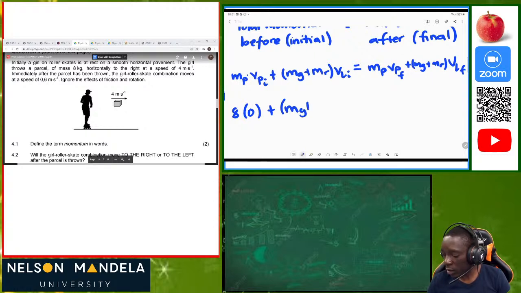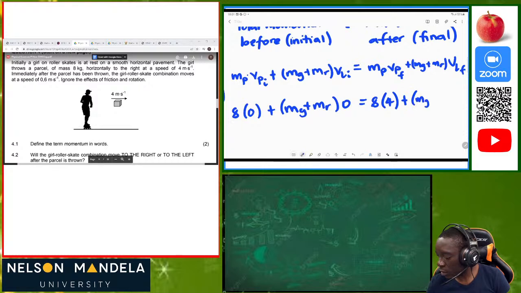The mass of the girl and the roller skates times their initial velocity, which is 0, should be equal to the mass of the parcel, 8 kg, times the velocity, plus the mass of the girl plus 2, the mass of the roller skates, times the velocity, which is negative 0.6.